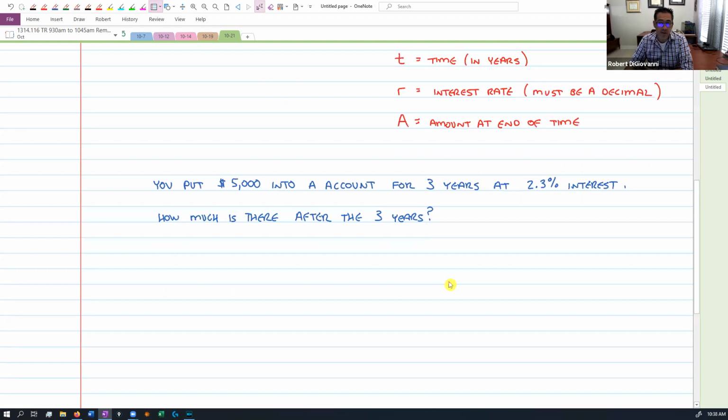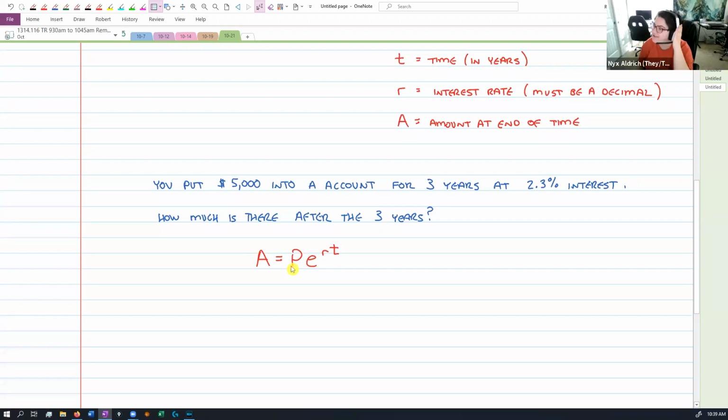All right, so let's see. Let's use the formula, right? A equals P E to the RT. I call this the shampoo formula. Have y'all ever heard of PERT before? PERT, the shampoo? No? I haven't heard of the shampoo, but I remember calling it this for this formula.